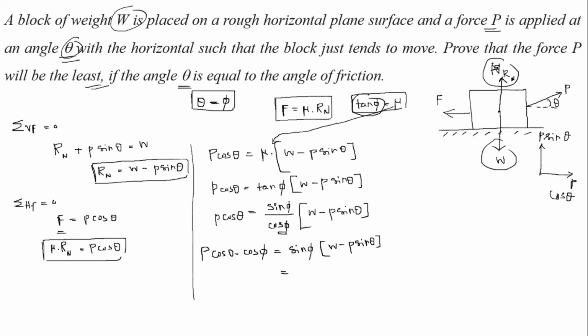Now, multiply the sin phi here, right. So, W sin phi minus P sin theta sin phi on this side is equal to P cos theta cos phi, right.